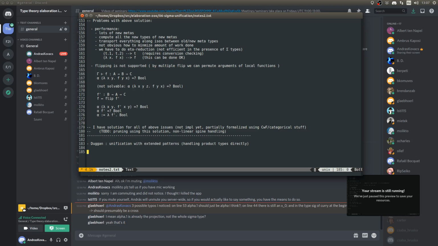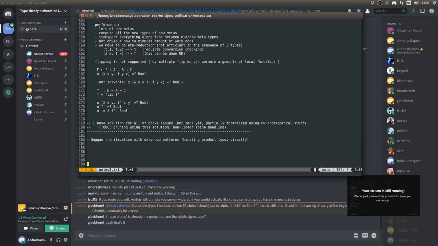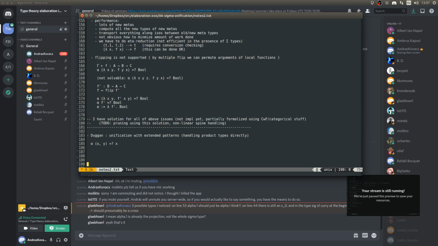But okay, so let's try to do some examples of what happens if I have an alpha of x y equals x. Then this Duggan unification, what it will do is that it can directly solve this problem to be lambda x y dot x dot 1.